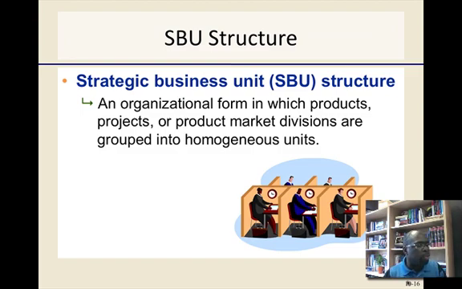An example of the strategic business unit structure is Johnson & Johnson. Johnson & Johnson actually is grouped into strategic business units. You have the consumer products, which is made up of so many companies. You have the pharmaceuticals, which is made up of so many companies, and we have the medical devices and diagnosis, which is also made up of so many companies.